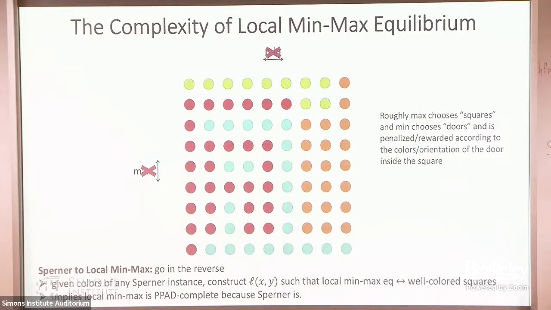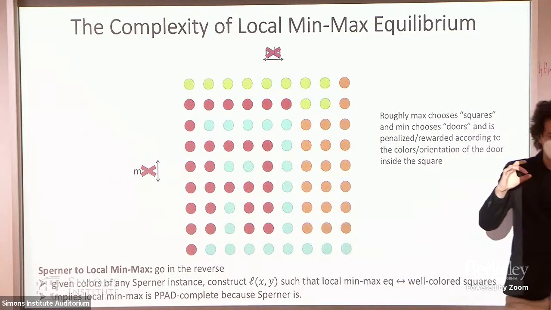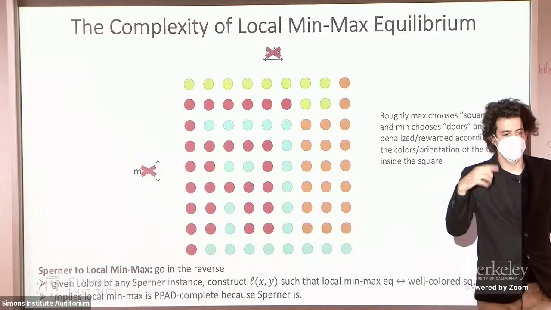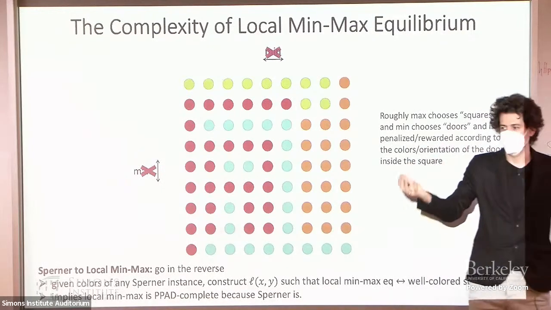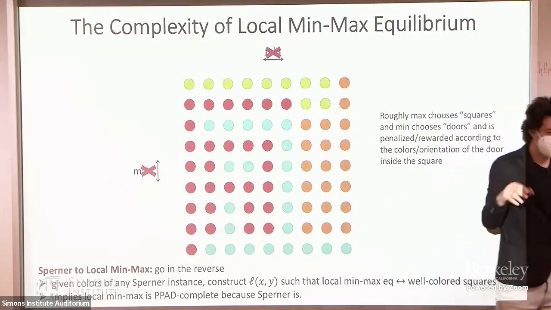The other player's job is going to be to choose doors on those squares chosen by the other player. And this is where the constraints come into play. And the rewards have to do with the color and the orientation of the door that the door player chose in the square of the square player.